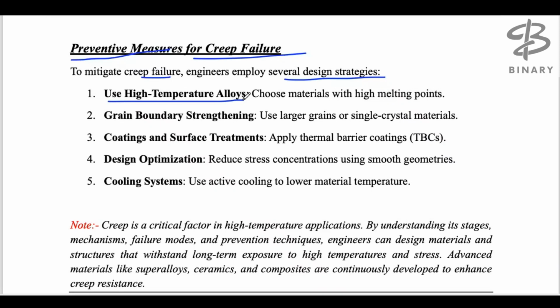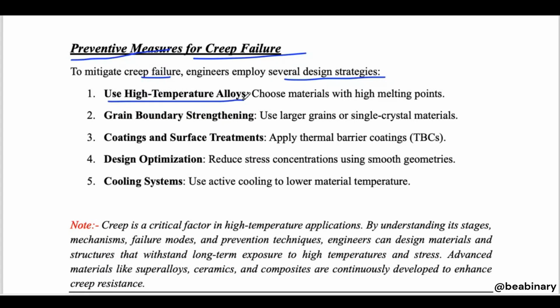Okay, so we can design the alloys, or better, the composites these days. They are being designed according to their application so that we can resist creep. Suppose we need to apply some material in a component that experiences 500 Kelvin.